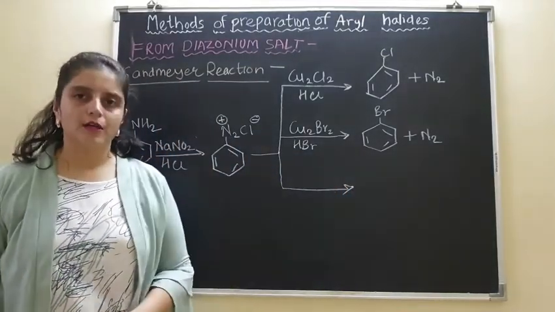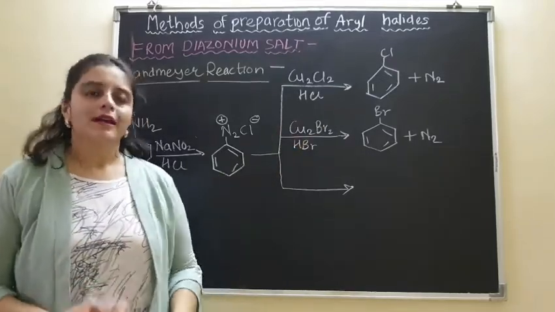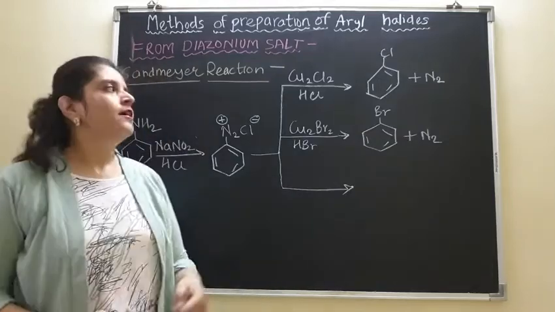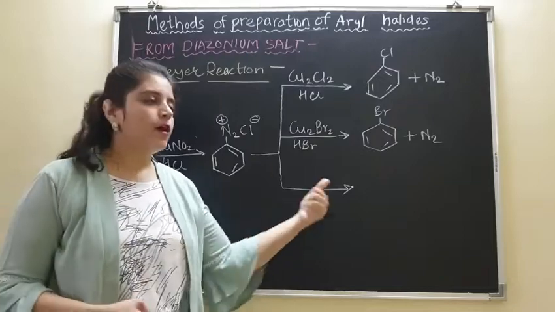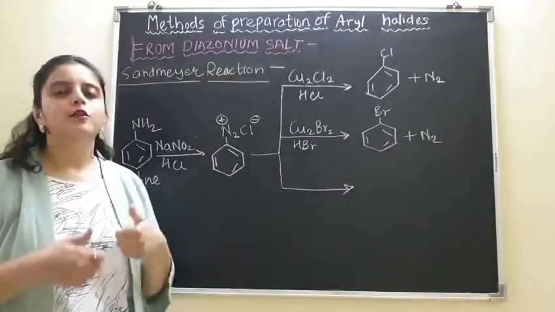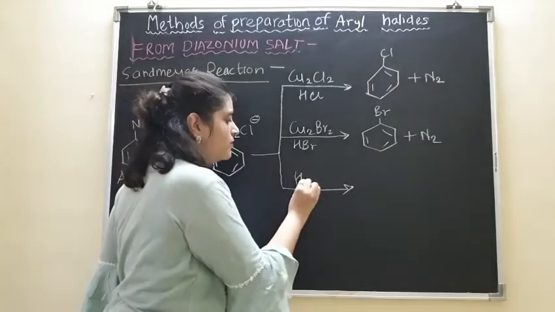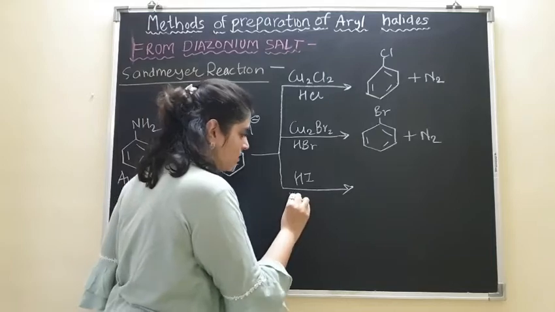For iodobenzene from this diazonium salt, we need not use Cu2I2. Like for preparation of chlorobenzene and bromobenzene, we were using Cu2Cl2 or Cu2Br2. But for preparation of iodobenzene, you do not require Cu2X2. You simply need to add HI and warm the solution.